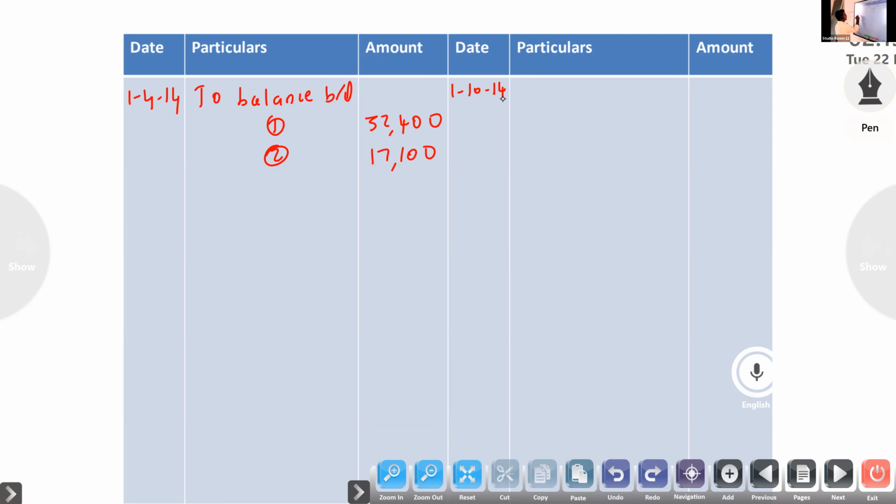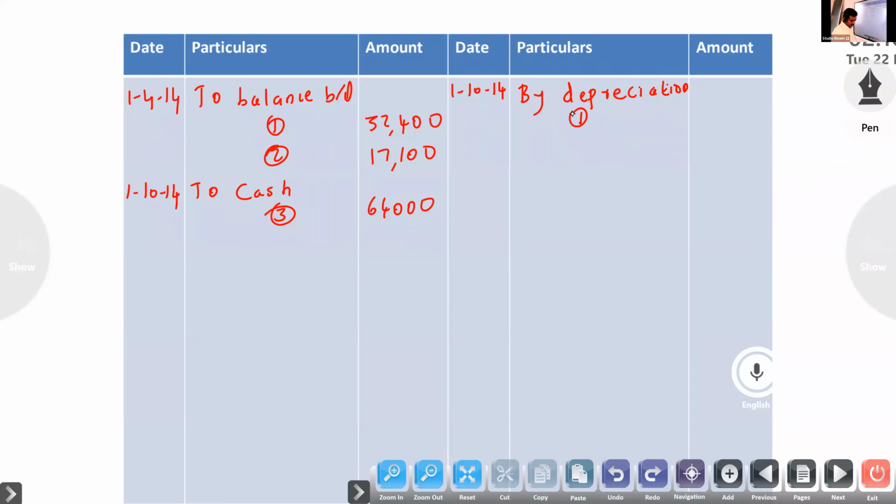First we will write the purchase, otherwise we will forget. To cash 64,000. If any sale is there, first we write depreciation.